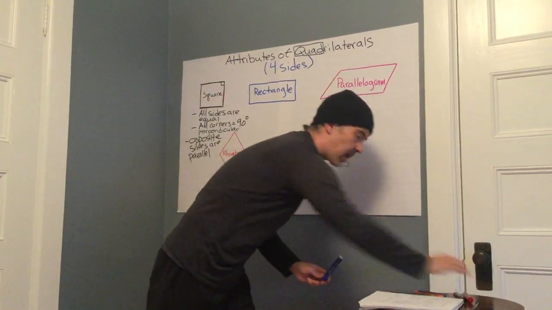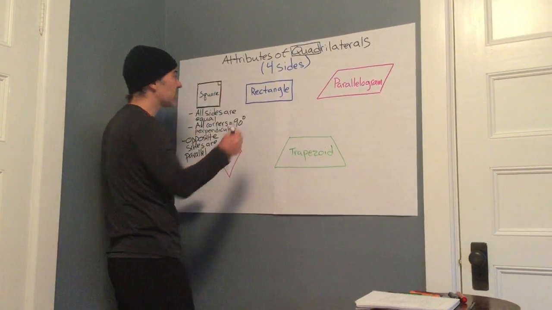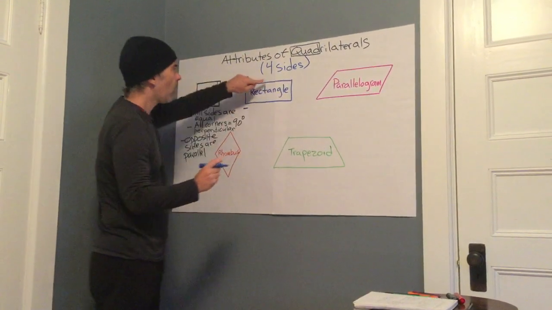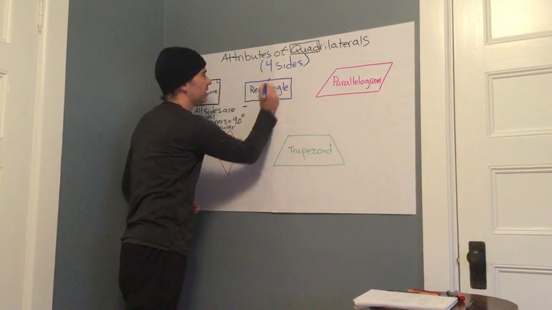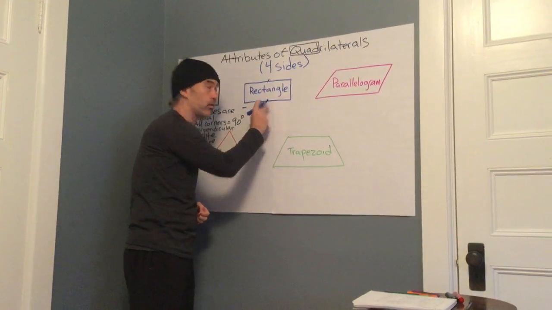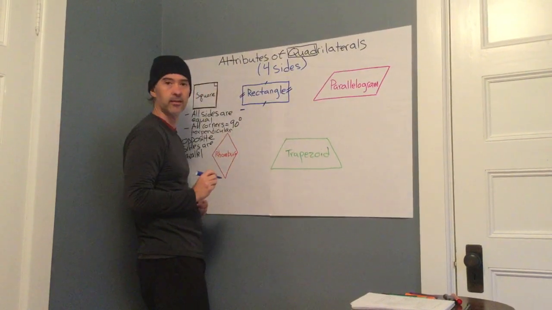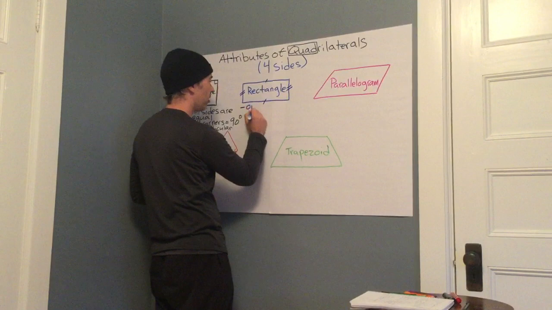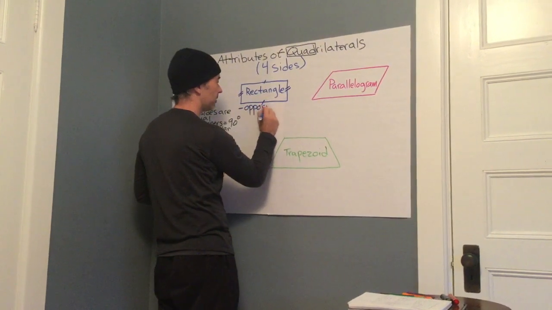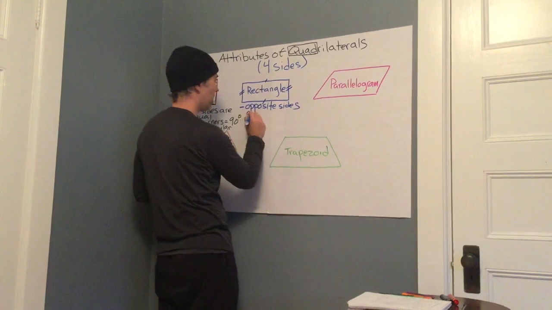Okay. Let's move to a rectangle. What do you notice about a rectangle? Well, I do notice that opposite sides, this side and its opposite side, are equal. This side is equal to that side. So, in a rectangle, opposite sides are equal.